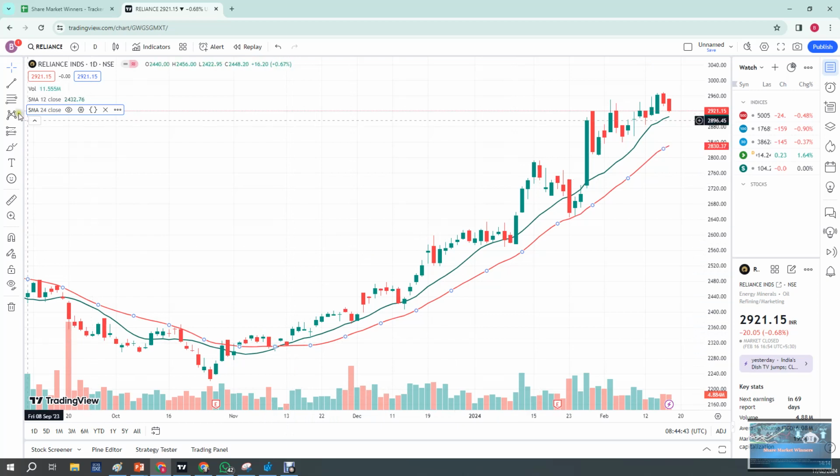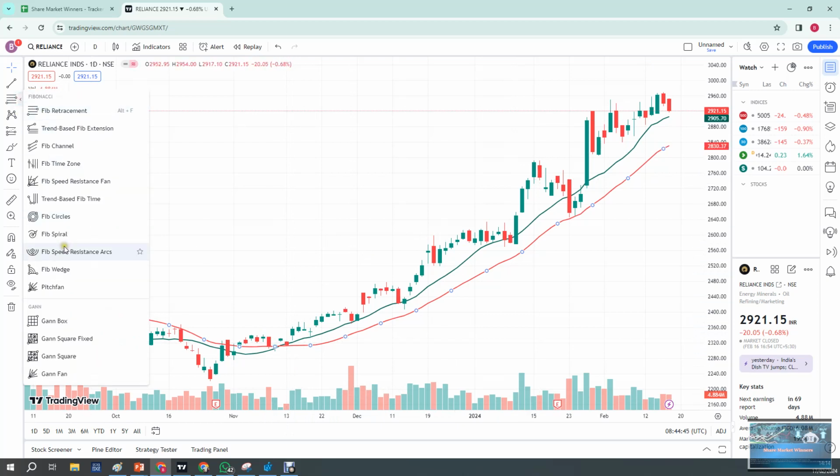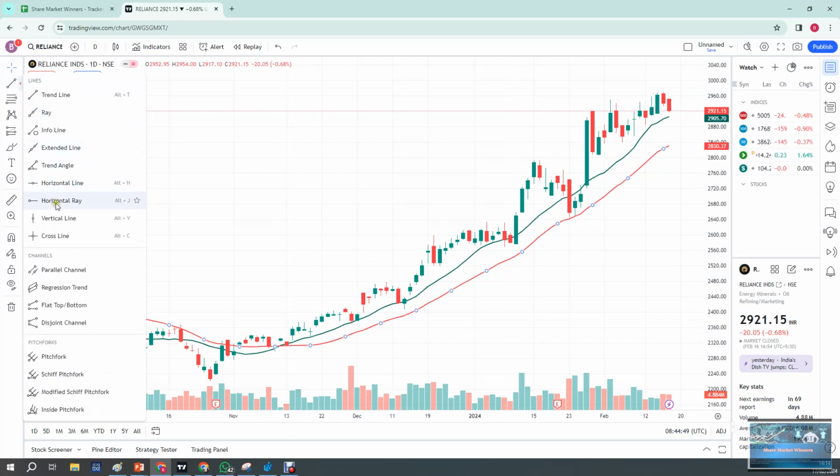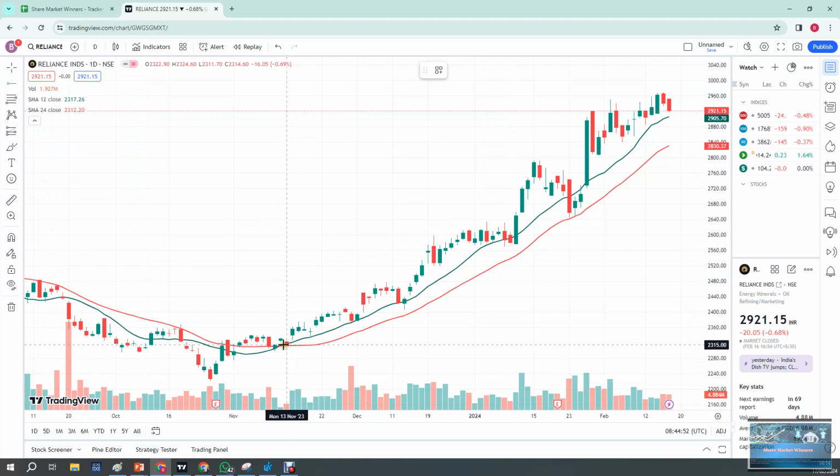If you mark a line from here, you will be able to understand at what point you would have taken this position. You could have taken the position around 2316 rupees, and if it crosses and touches the 24 moving average, that is a good point to come out.